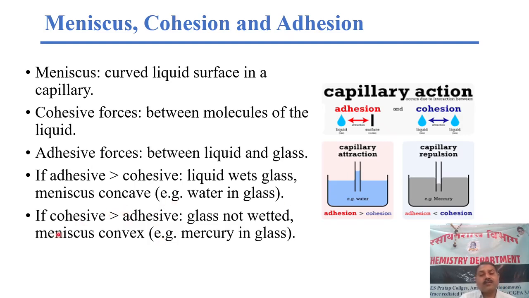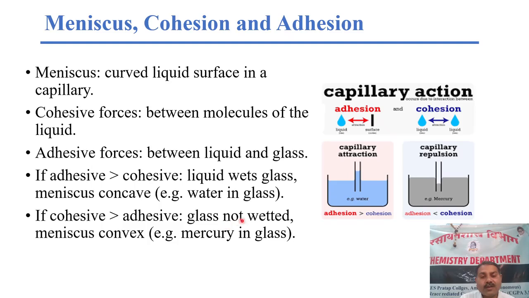And if cohesive forces are stronger than the adhesive force, meaning liquid molecules have a stronger attractive force among themselves than with the glass, then the liquid molecules come closer and closer and form a cluster like a heap. If we observe the mercury present in a thermometer, that mercury has a convex meniscus, meaning the liquid molecules have more force of attraction than between the liquid and the glass.